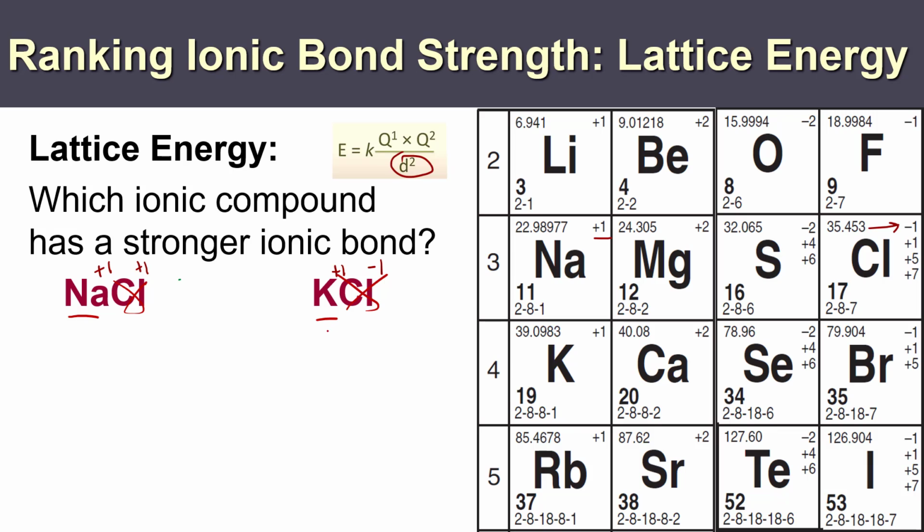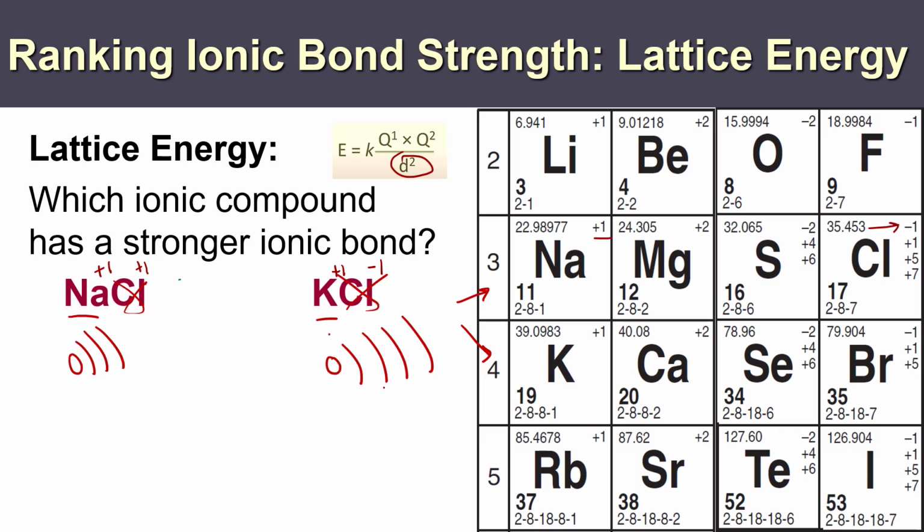So what do we know? We know sodium is in the third period, which means it has 3 occupied principal energy levels. And we see here that potassium is in the fourth period, which means I have 4 occupied principal energy levels. That's going to matter because with 4 occupied principal energy levels, the potassium chloride is going to be larger than your sodium chloride will be, because potassium is larger than sodium.